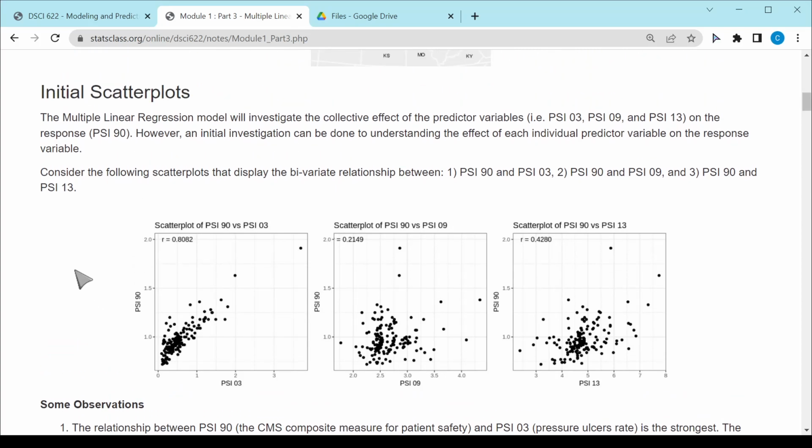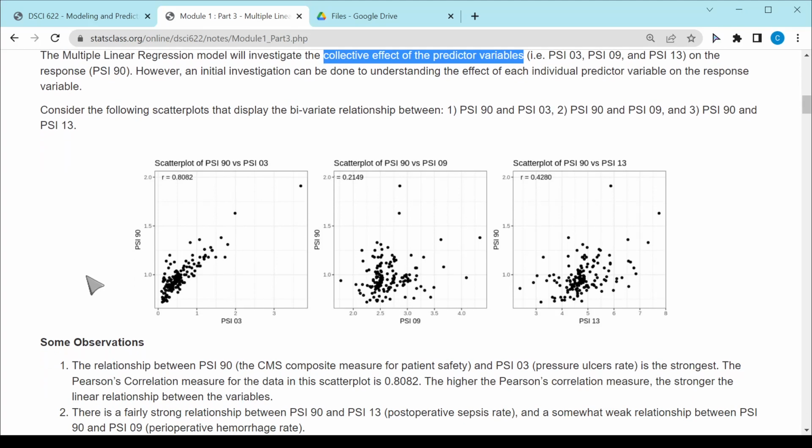Now, in a multiple linear regression analysis, we are considering the collective effect of these predictor variables. Here, when I'm looking at just these individual scatter plots, I'm looking at their individual effect. But this gives us a view at what the potential effect of each predictor is against my response.